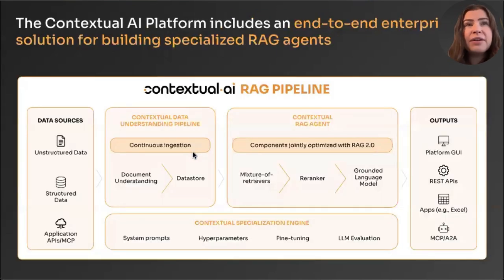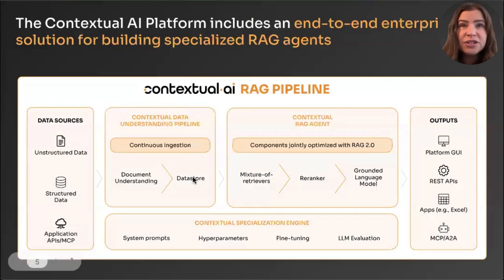Just at a pretty high level, the way that our RAG pipeline works is we start with the data sources, structured or unstructured data, either loaded directly or through one of our connectors. We have a document understanding pipeline that ingests your data and stores it in a data store.